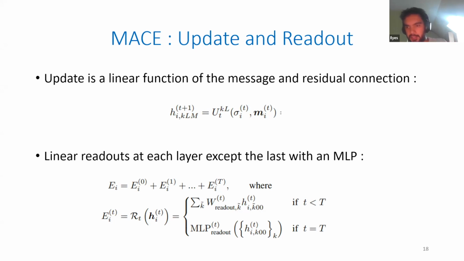And because MACE, as you've seen, has no pointwise nonlinearities in the message construction, then it's very nice because you can see that these terms are actually body ordered of increasing body order. So you can really think of that as constructing explicitly the body order expansion that we talked about at first.